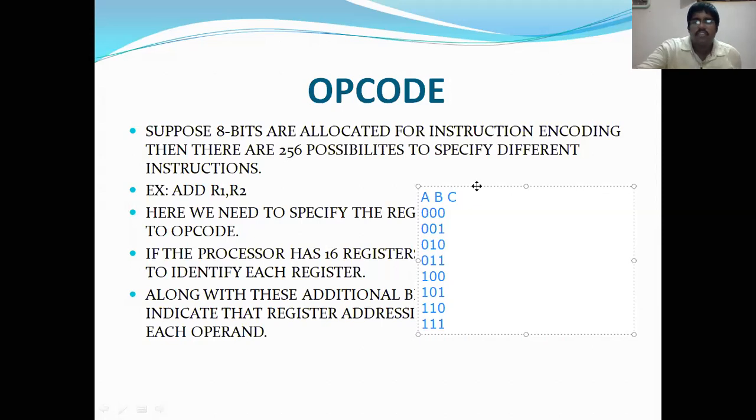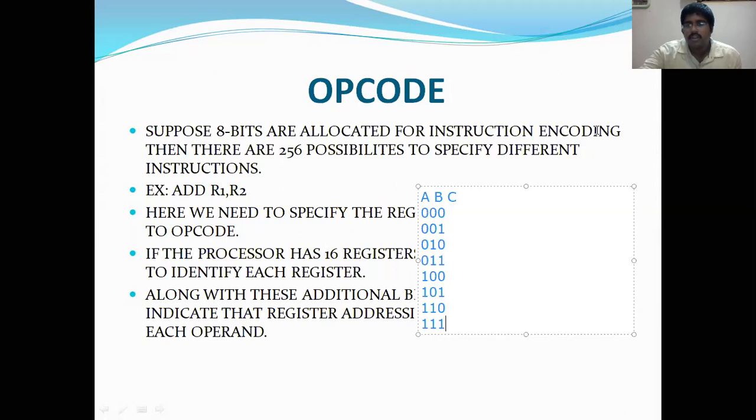So if I have three variables, I can get 2 power 3, that means 8 combinations. Similarly, if 8 bits are allocated for instruction encoding, that means if the opcode is of 8 bits, then how many different instructions are possible for that opcode? 2 power 8.